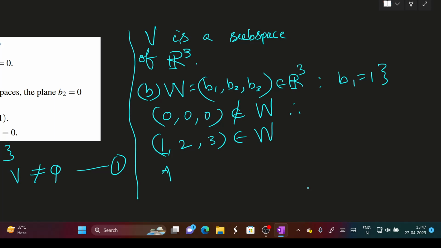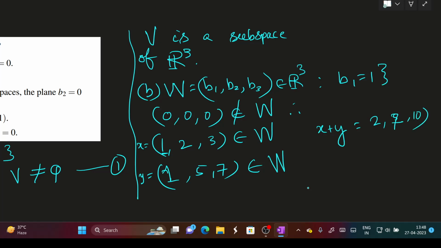Similarly, (1, 5, 7) is also an element belonging to W. Suppose its name is X, and this one is Y. So what about X plus Y? This is equal to (2, 7, 10). Is it an element of W? This is not an element of W.